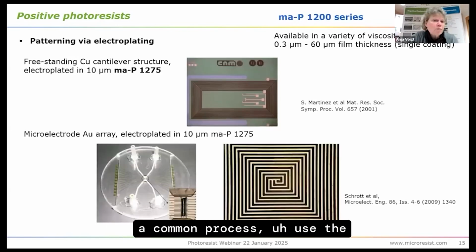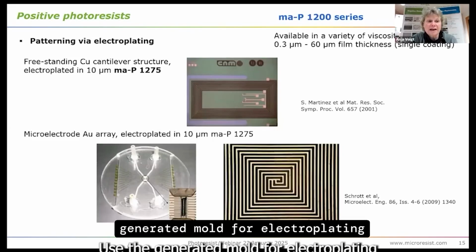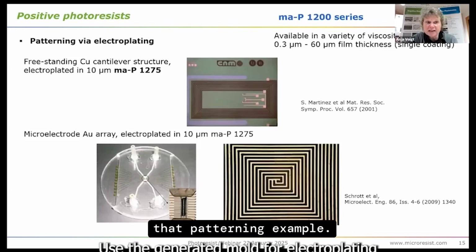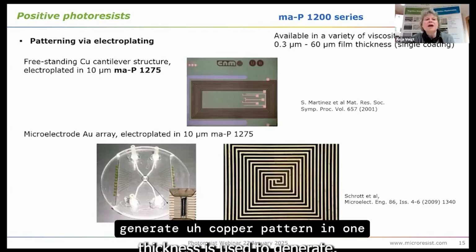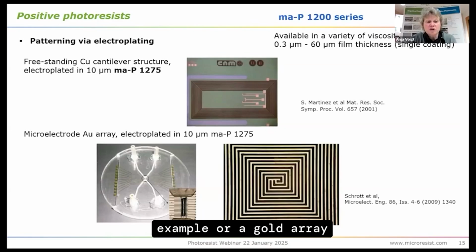This is a common process: use the generated mold for electroplating. In that patterning example, a thick photoresist of 10 micrometer thickness is used to generate a copper pattern in one example, or a gold array electroplated in the mold.